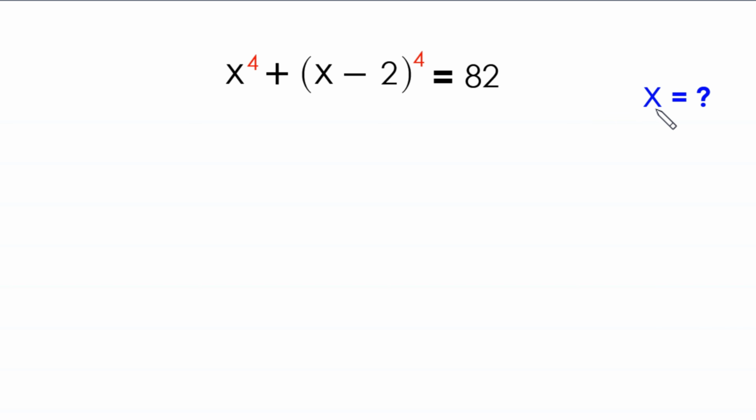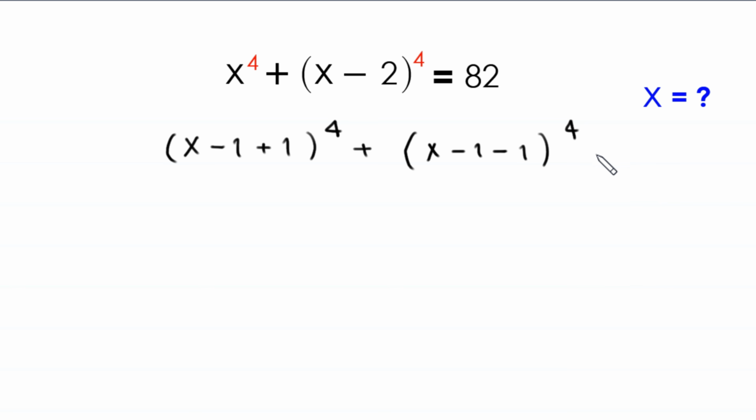So let's start. Since the average of the bases is x - 1, we rewrite x^4 as (x - 1 + 1)^4, plus we rewrite this (x - 2)^4 as (x - 1 - 1)^4 equal to 82.